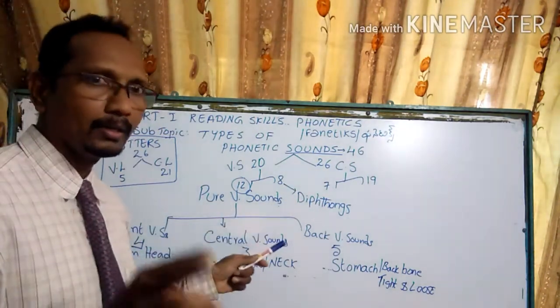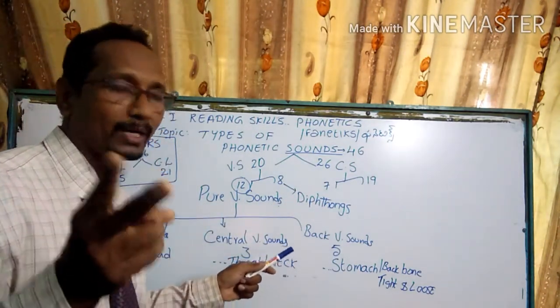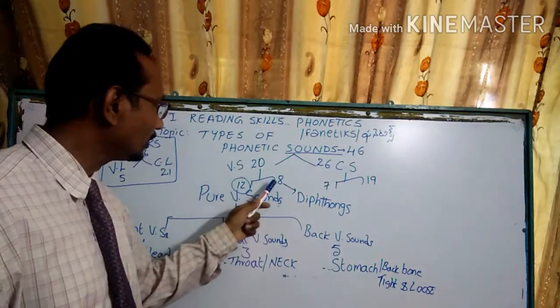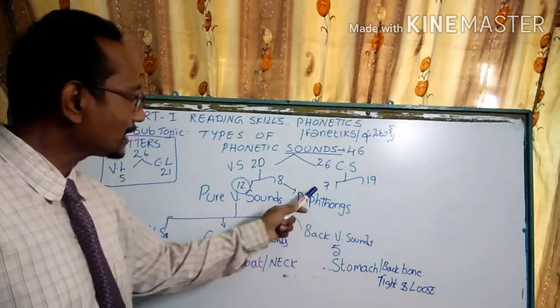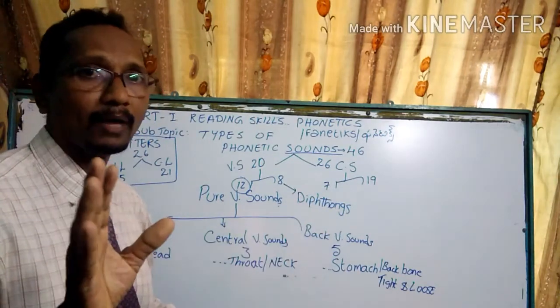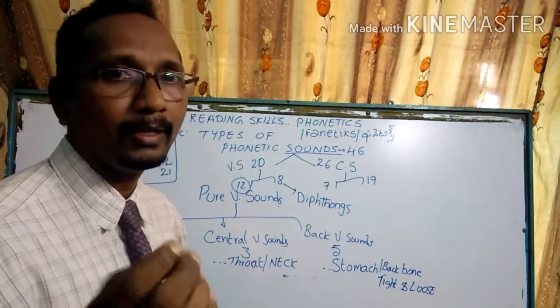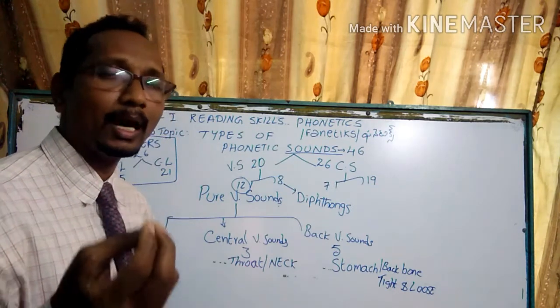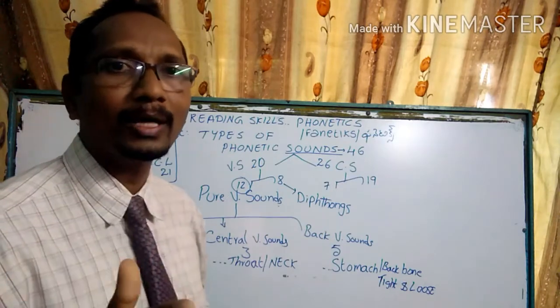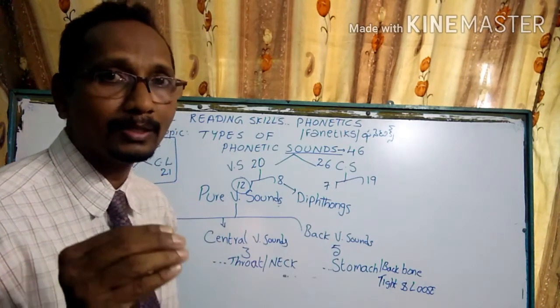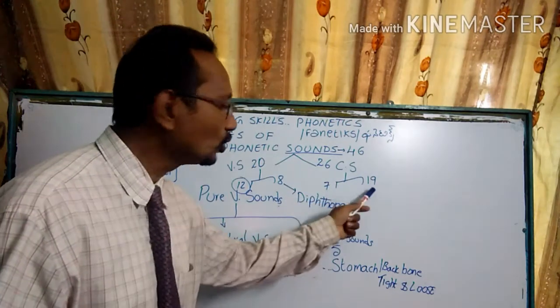Again, they are divided into 2 parts: 12 and 8, 7 and 19. The 7 and 19 don't have names; I can only show how they are written, but I can't define a title for these 2 parts.